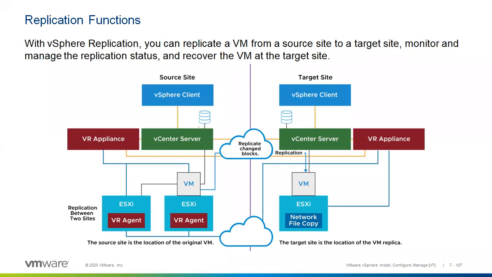The architecture looks like this in more detail. The vSphere Replication appliance is deployed and integrated with your vCenter Server, and with the help of vCenter Server it keeps replicating your virtual machines from the primary data center to the secondary data center. Any questions so far?